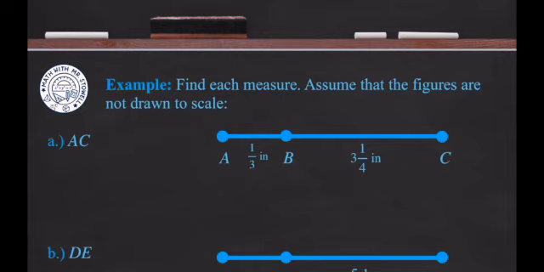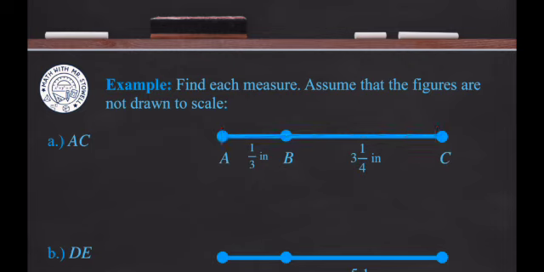These are just a visualization of what's going on. So remember, add 2 segments together to get the big segment. We want to know the length from A all the way to C. So we need to add AB plus BC together.